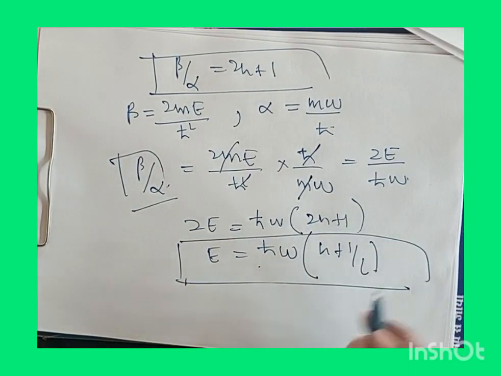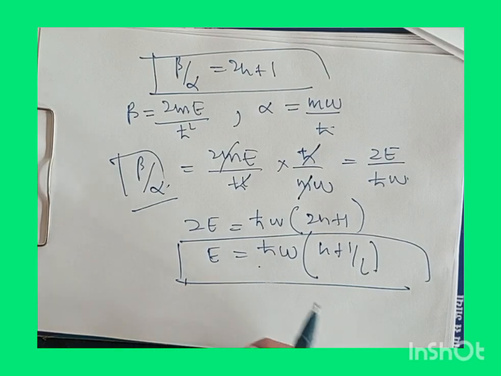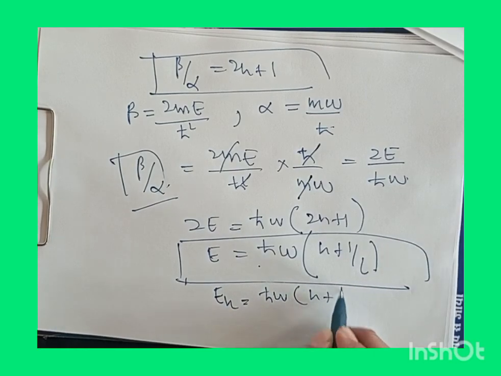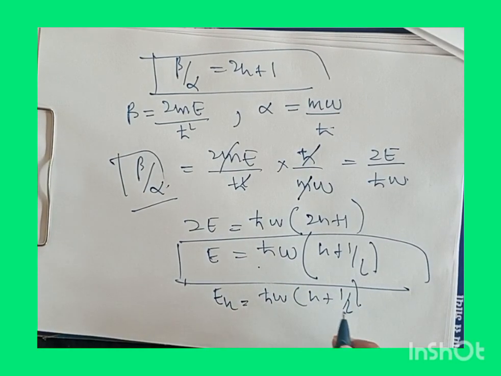Now this equation gives me the allowed energy levels, that this harmonic oscillator can have only certain possible energy levels, right? And we can see here that the energy of any level is h cross omega times n plus 1 by 2.